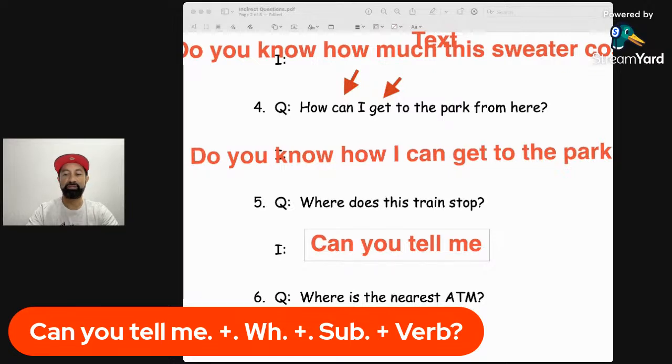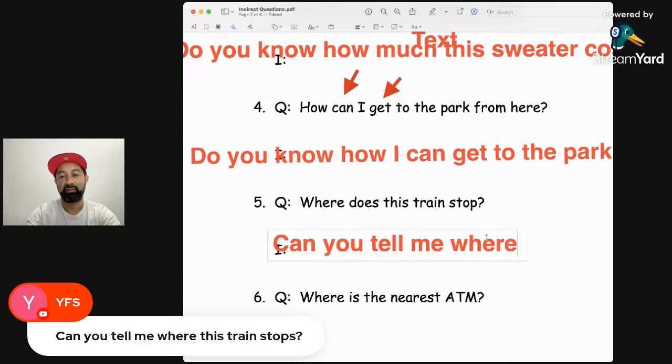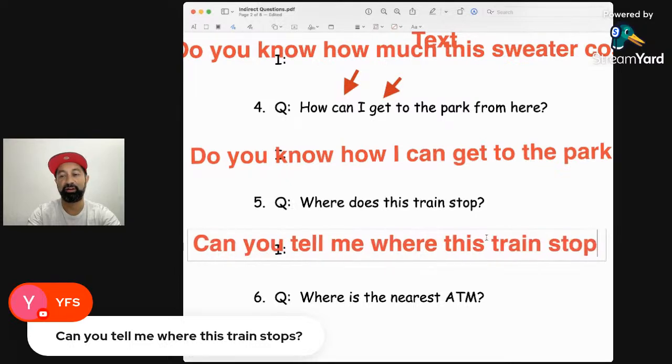All right, so YFS, can you tell me where this train stops? Perfect, perfect job. Very good by adding the S, because this is where does. We need to add that S. Great job. Can you tell me where this train stops?